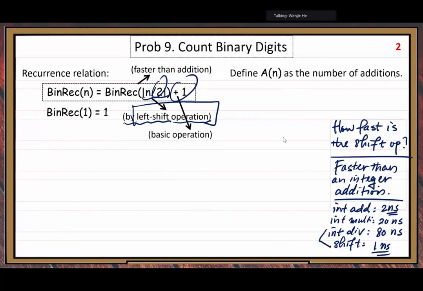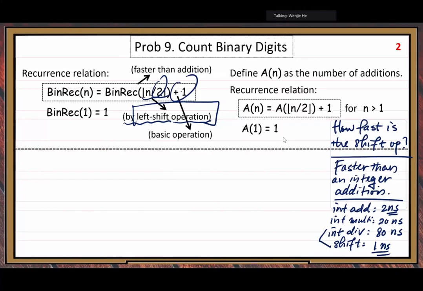So we have a similar recurrence relation, just a simpler version a of n. The meaning is slightly different, but the values should be the same.